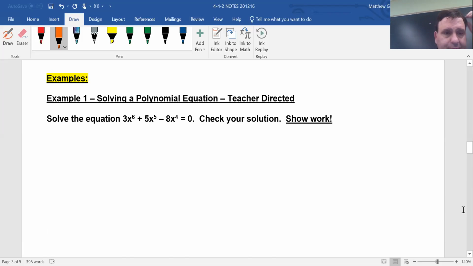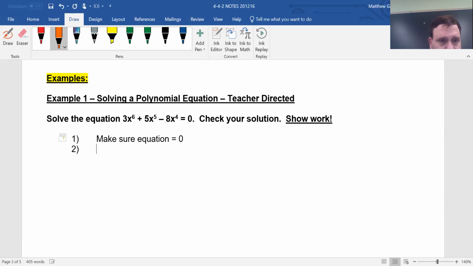We're still doing the same thing. First of all, we're still making sure the equation is equal to 0. If I'm teaching this like the first day, the first thing I'm going to tell you is to make sure the equation is equal to 0, which it is. I'm going to factor out the GCF, just like we did yesterday.